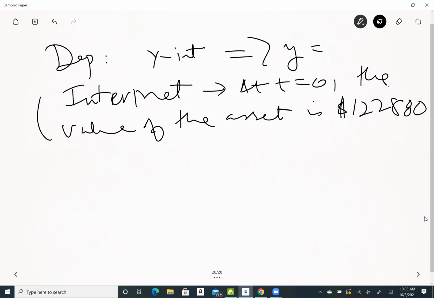Now, if you look at the x-intercept, how do you interpret it? That is the value equal to 120. So what does it mean?